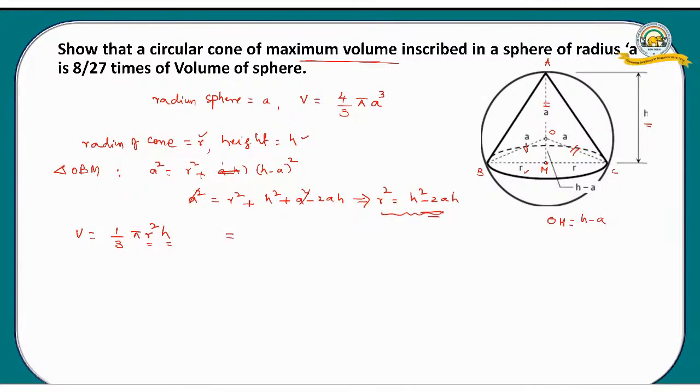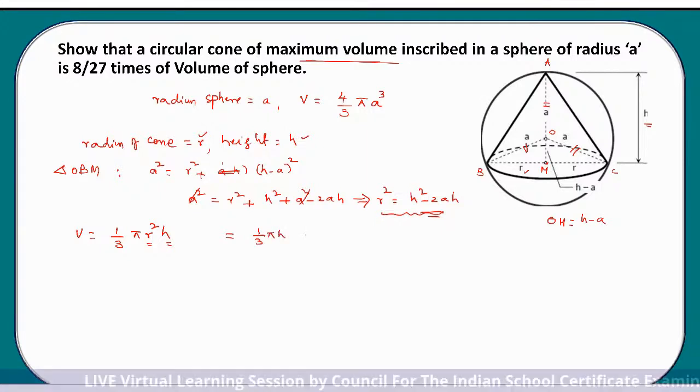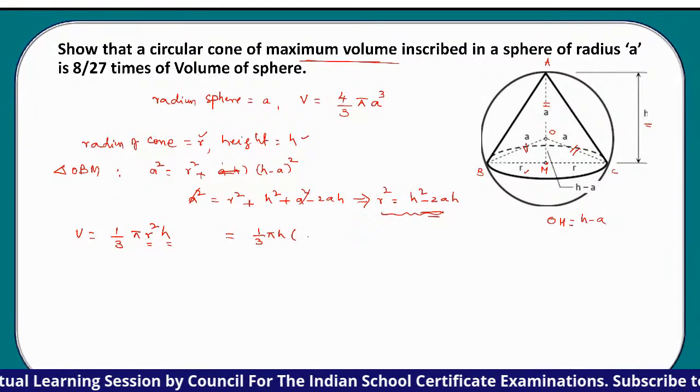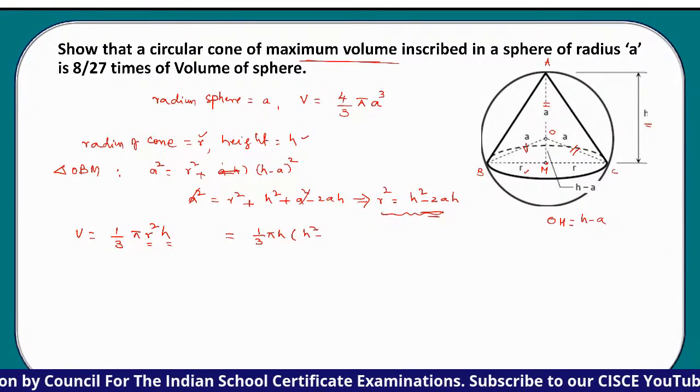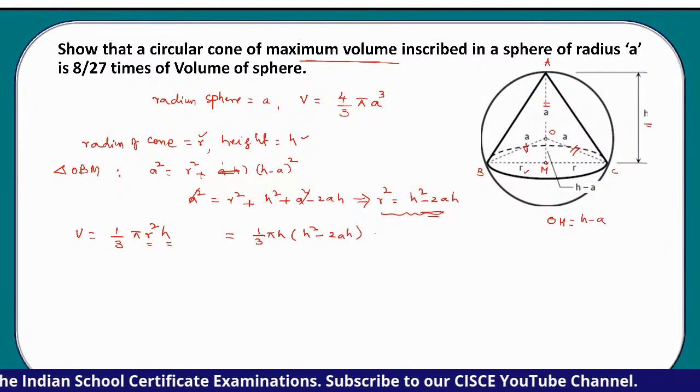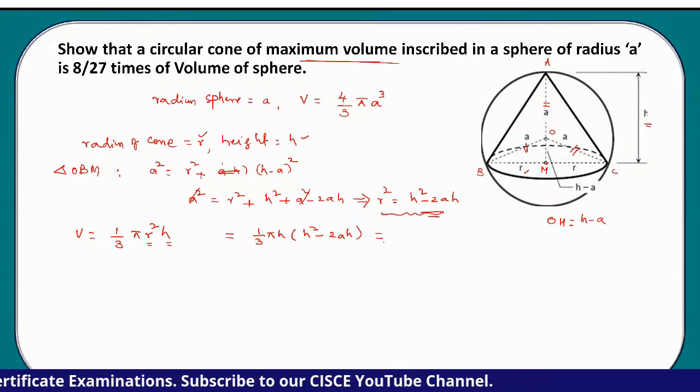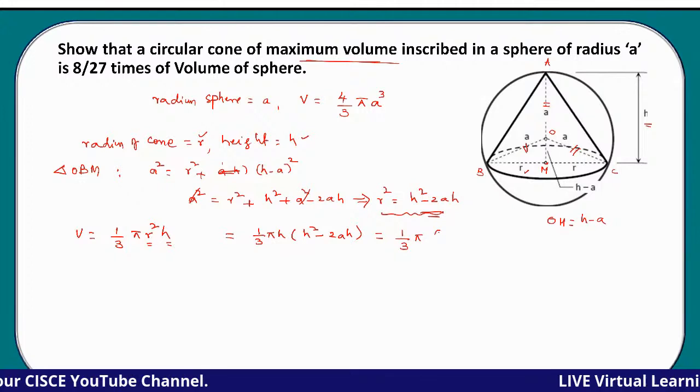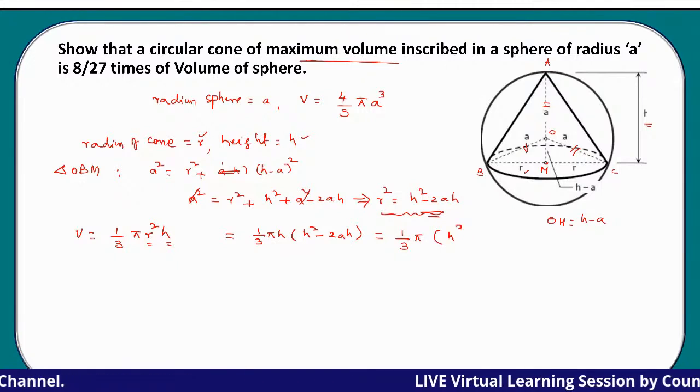That is 1/3 pi H into R square, equal to H square minus 2AH. That is equal to 1/3 pi into H cube minus 2AH square.